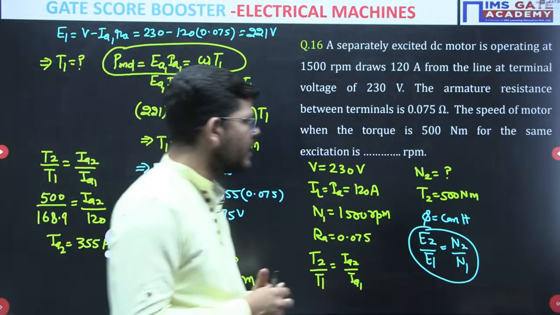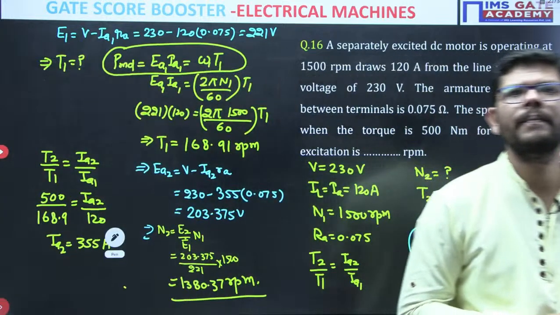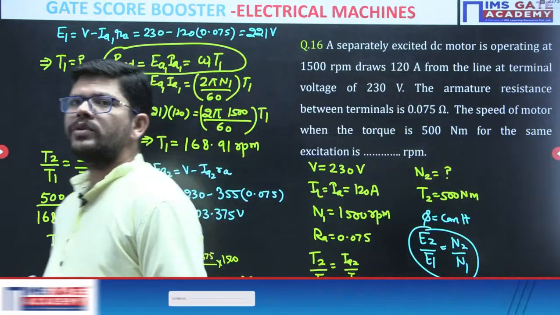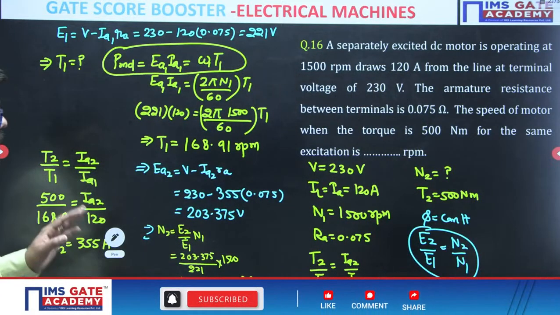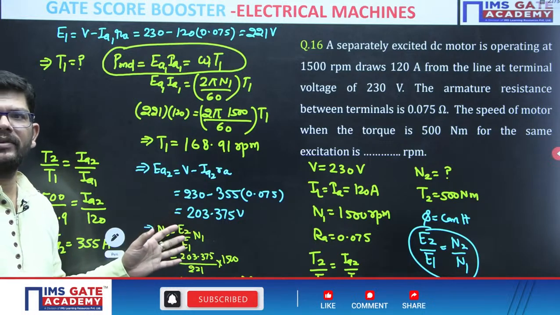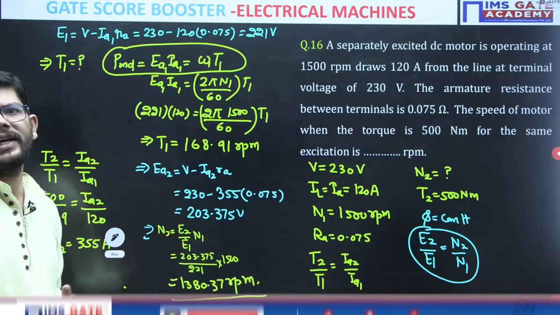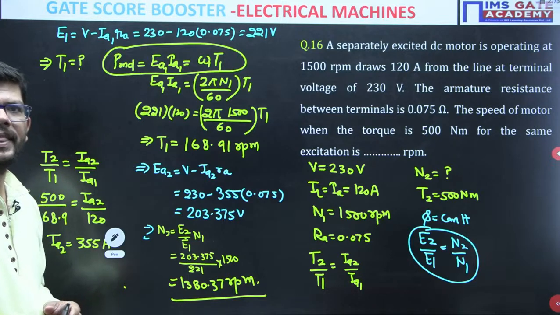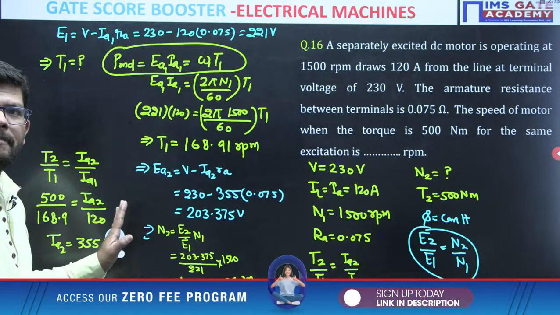Give me a reply. When it comes to DC machine, it has become a procedure that you have to apply. In most of the questions you are doing exactly the same thing. Got it?